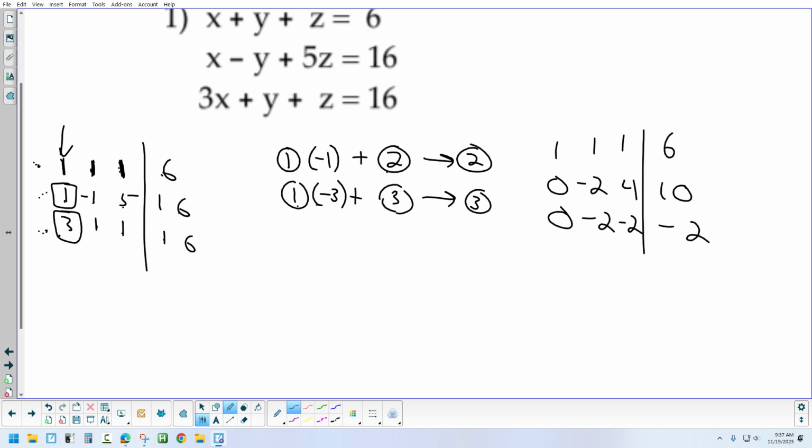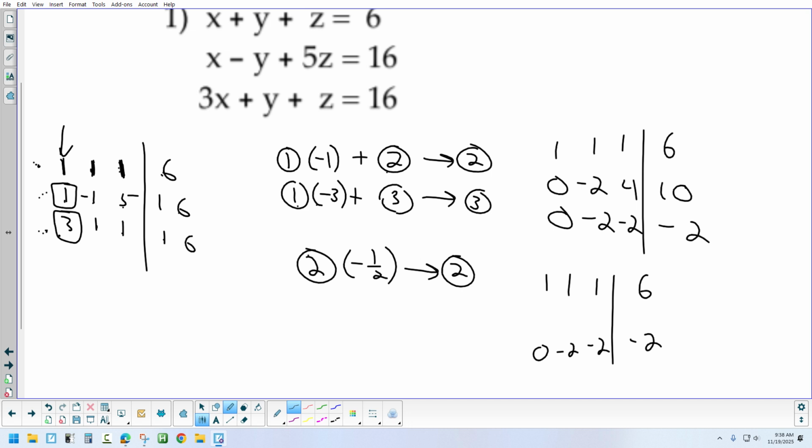So take row 2, multiply it by -1/2, and that's going to replace what's currently in row 2. What's going to happen to row 1? Stays the same. What's going to happen to row 3? Stays the same.